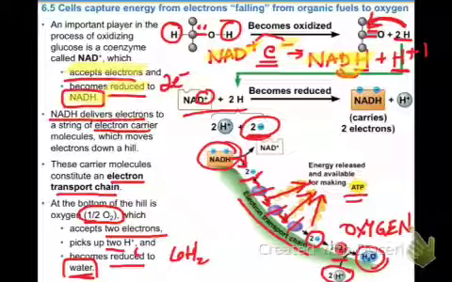Now you do have this lonely little hydrogen, H plus, because it's missing an electron. So there are two electrons here. There's one with this hydrogen forming a bond with that NAD, and then there's this one right here, which is just a proton. There's no electrons, so it has a plus 1 charge.